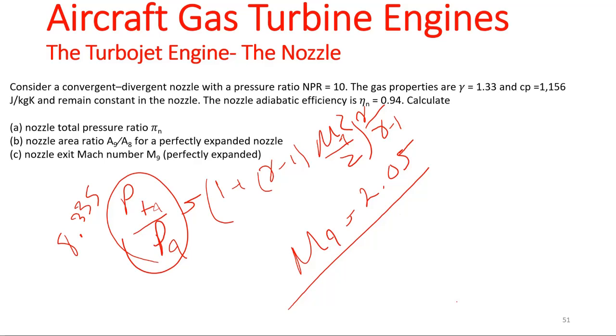Okay. Are there any questions? No. So part B, let's go back to part B. I'm going to give you this part as a bonus. I want you to calculate the nozzle area ratio for a perfectly expanded nozzle, and it's a convergent divergent nozzle, so the exit to the throat of the nozzle.